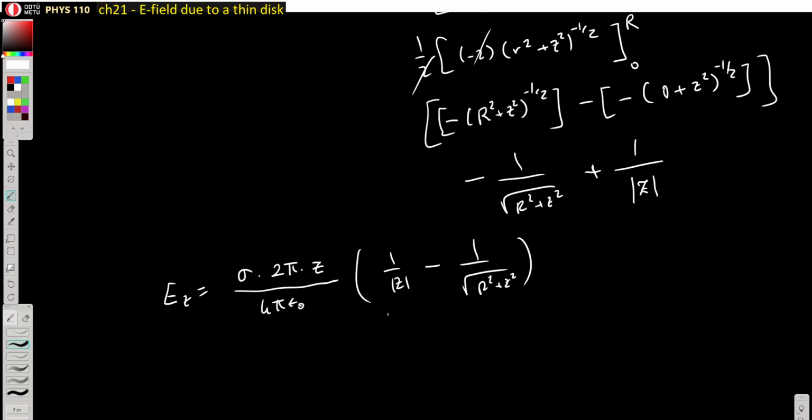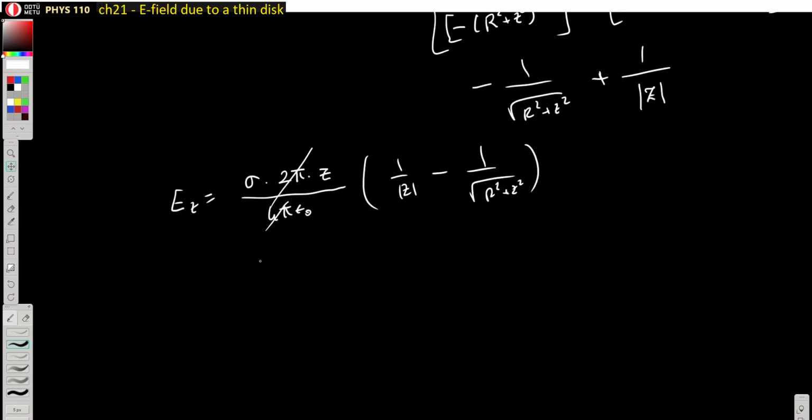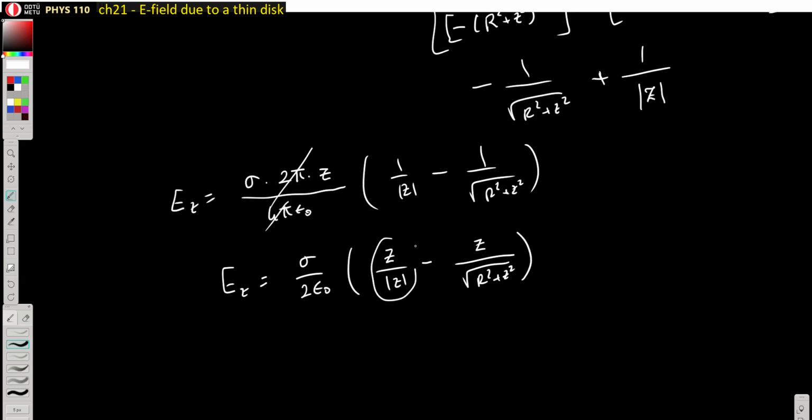Okay, so in any case, let's see these two cancel each other. So this is like sigma over 2 epsilon 0. And then we have z divided by the absolute value of z minus z divided by the square root of r squared plus z squared. Right. Well, this is basically the signum of z.